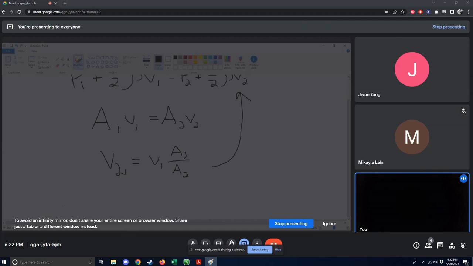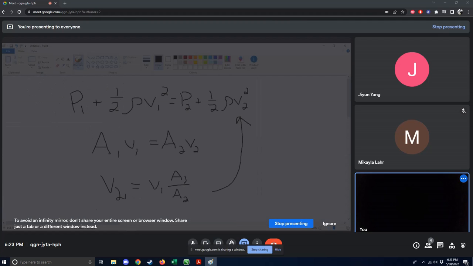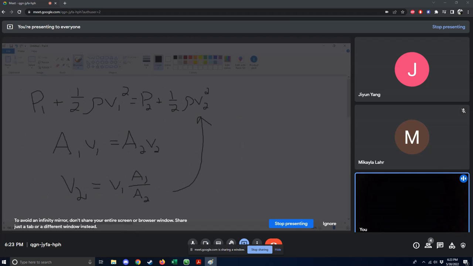For example, let me just give myself a little bit bigger space. So then, for example, I can multiply both sides by 2 to get the two P1, P2s right there.